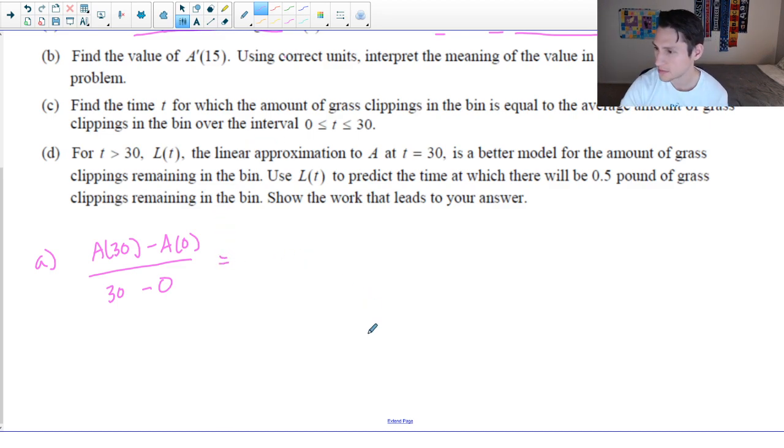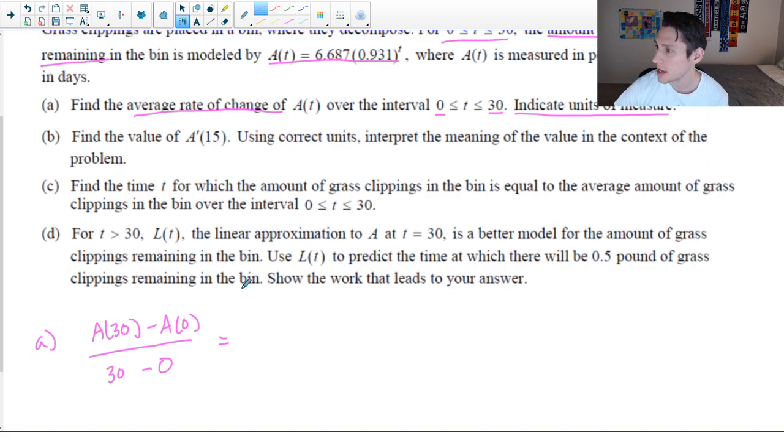Okay. All right, so A of 30 minus A of 0. We have our function A defined up here. I'm actually going to pull up my calculator. So again, I'll go ahead and enter this function in here just in case I need to use it multiple times, so I don't have to type it in a bunch. I can just type it in once here.